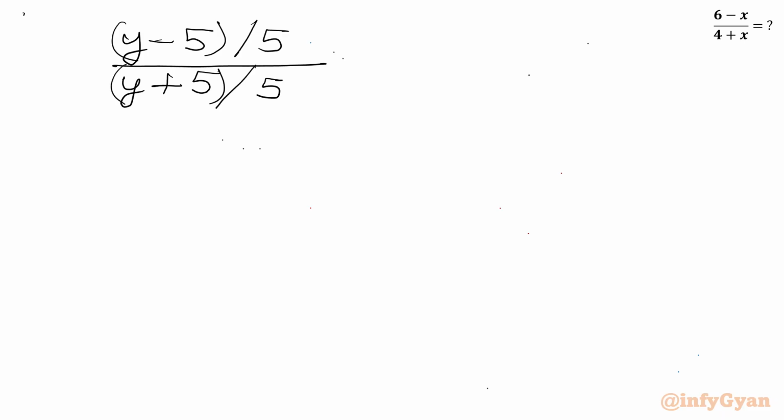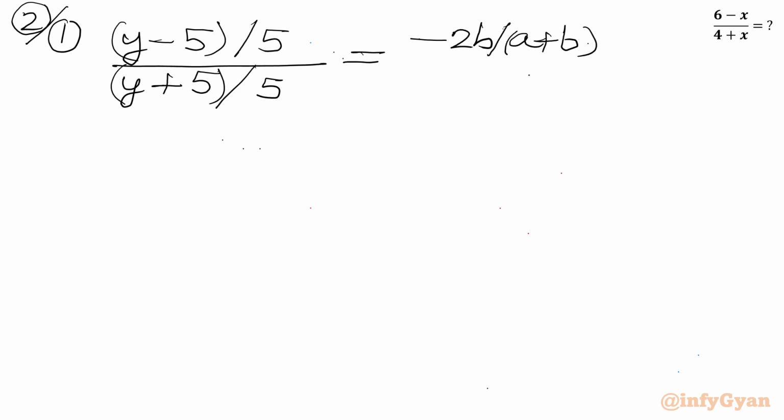This is equation 2 divided by 1. This will be equal to minus 2b over (a plus b) over 2a over (a plus b).